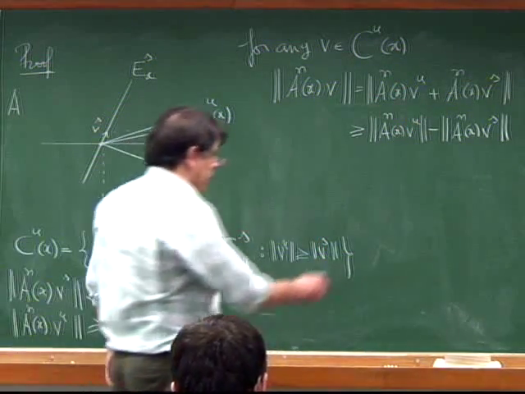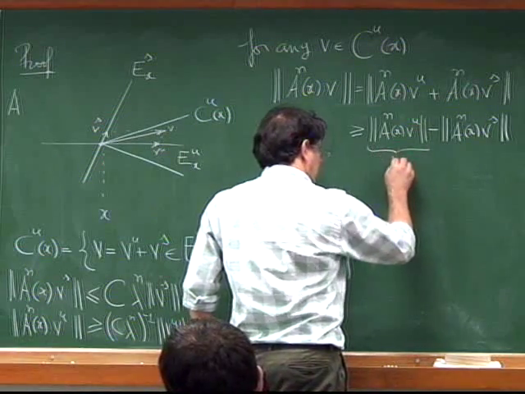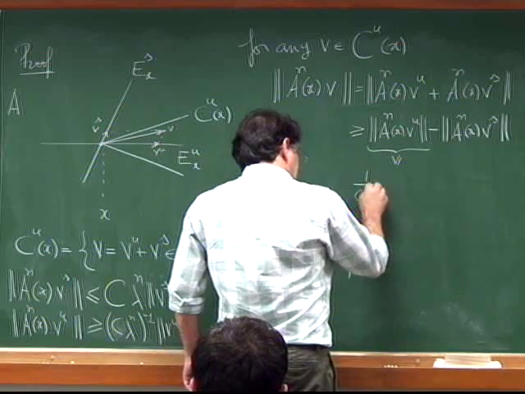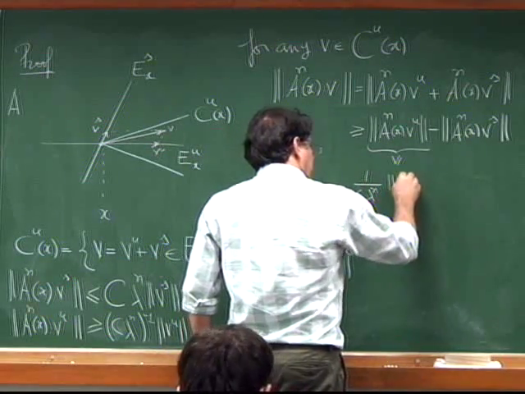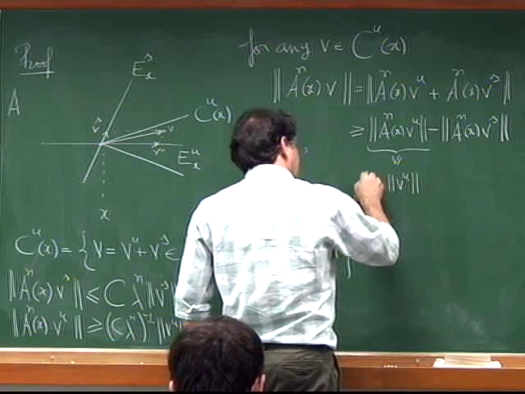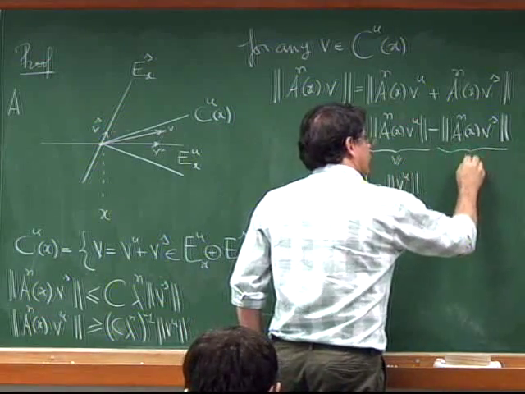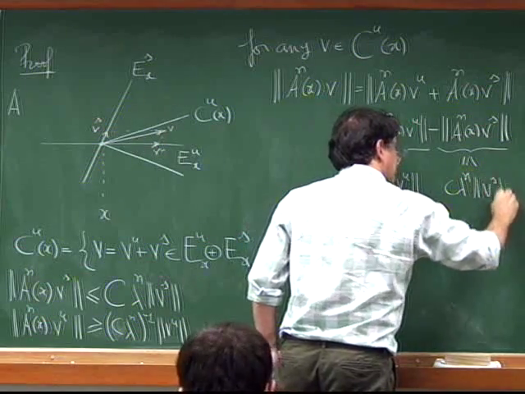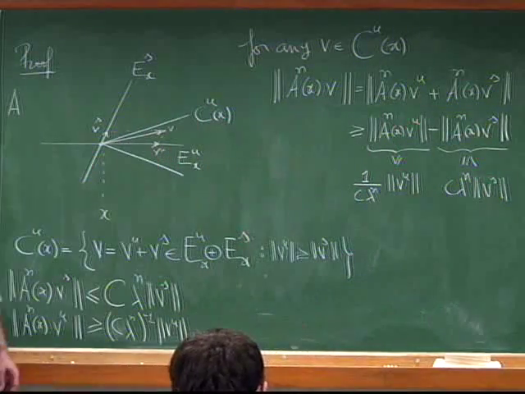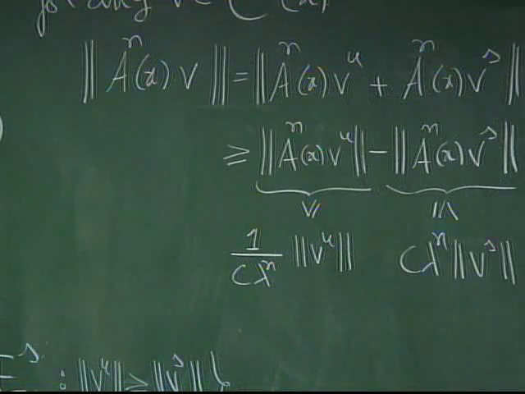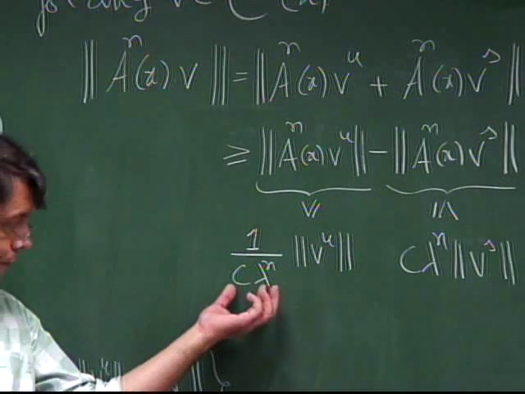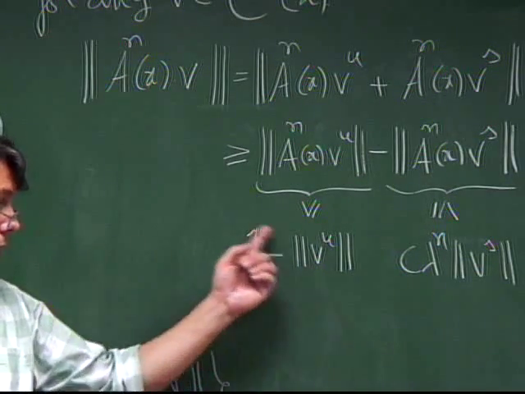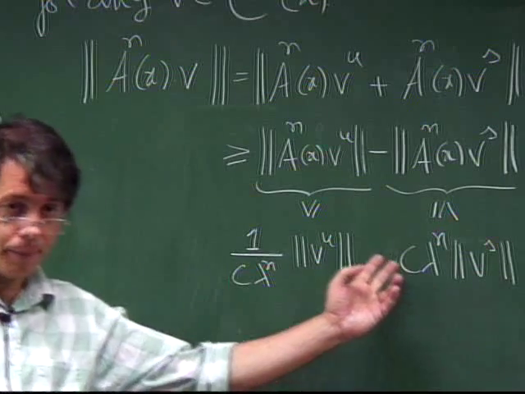So this here is bigger than 1 over C lambda^n times v^u, and this one is smaller than C lambda^n times v^s. Lambda is a number smaller than 1. So lambda^n is very small for n large, which means that this factor is enormous and this is tiny.